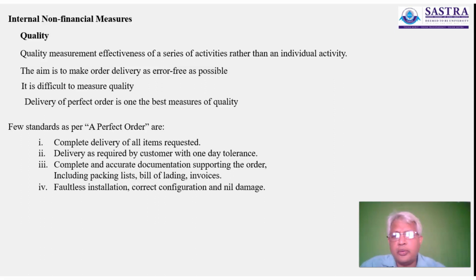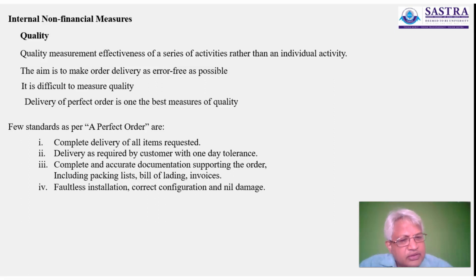So quality measurement is about the effectiveness of a series of activities rather than an individual activity. So basically it's a process. Quality can never be measured as an individual activity and separated from it, because if there's poor quality in the preceding activity, then the next activity cannot be at optimum quality.